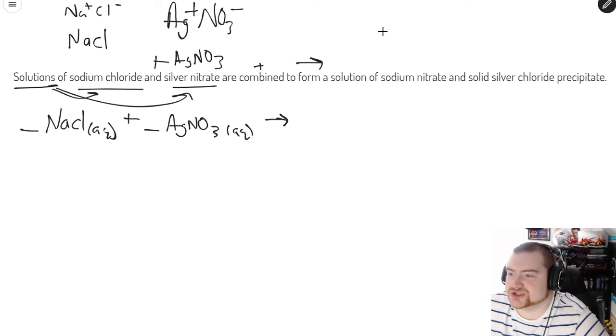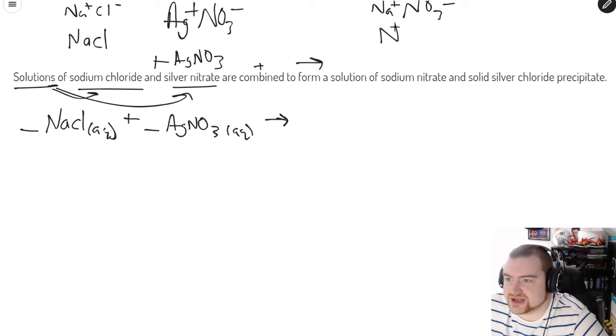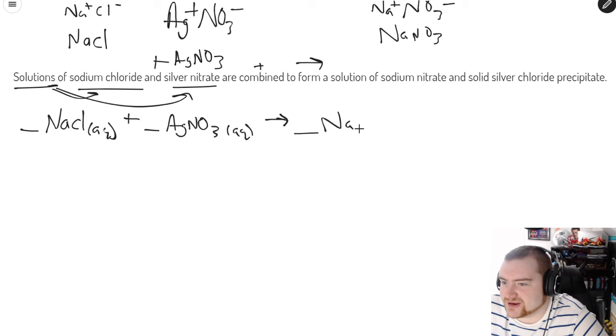A solution of sodium nitrate. So we have sodium and we have nitrate put together to make a formula, which is just going to be NaNO3. And this is really nice because all of the elements in this problem have a charge of +1. It's not always going to be that nice. NaNO3. And this says, again, that's a solution, so we're aqueous.